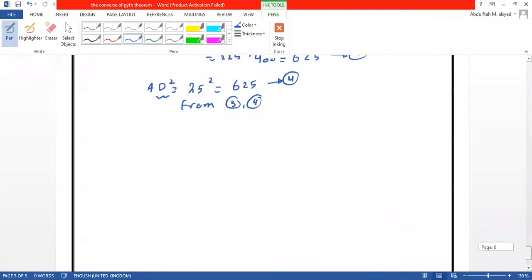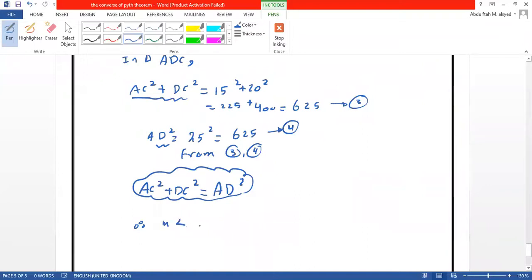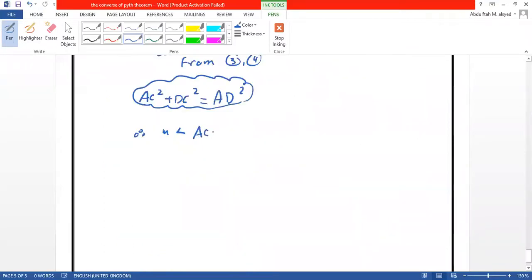Then AC squared plus DC squared equals AD squared. From here, the required angle is ACD. The measure of angle ACD equals 90 degrees.